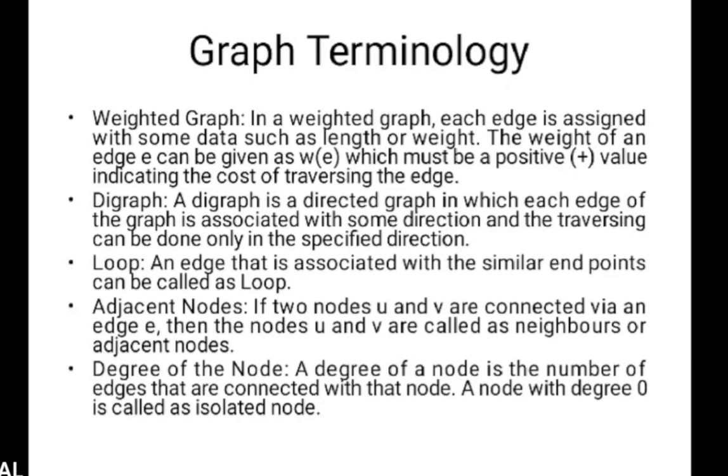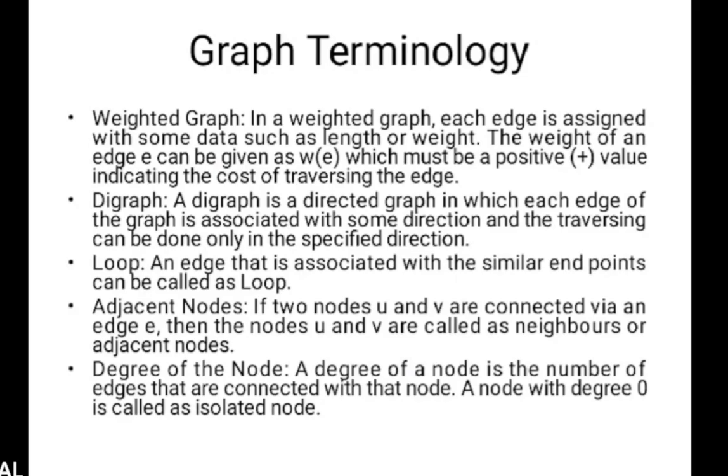Like we say the distance from place A to B is 10 kilometers, right? So the number 10 represents the distance between the two places. We say that this is the weight attached to the graph.